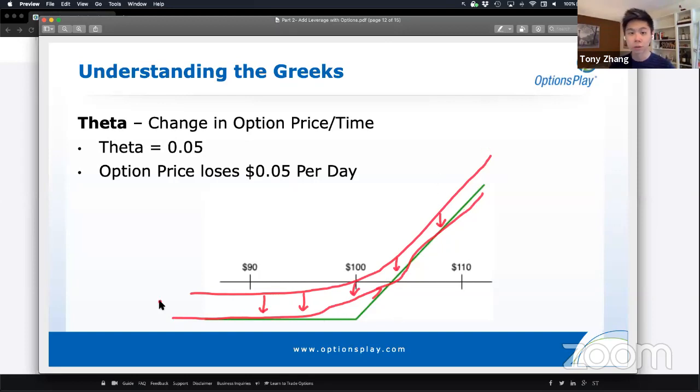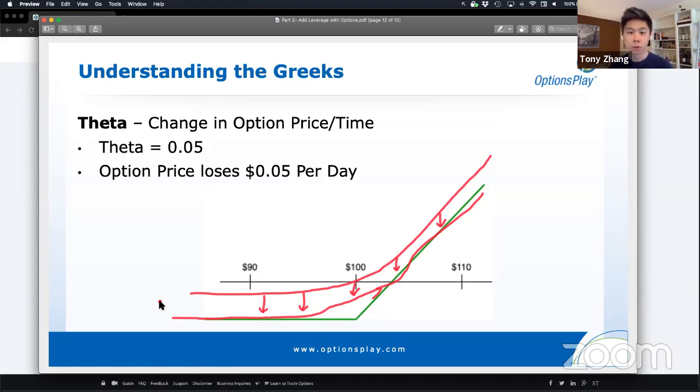So your curve turns into that green line. And theta measures how much that red line decays day by day. So if you have a theta of 0.05, that's telling you that the curve will decrease by 5 cents and get closer to that green curve by 5 cents, decreasing the value of your call option.